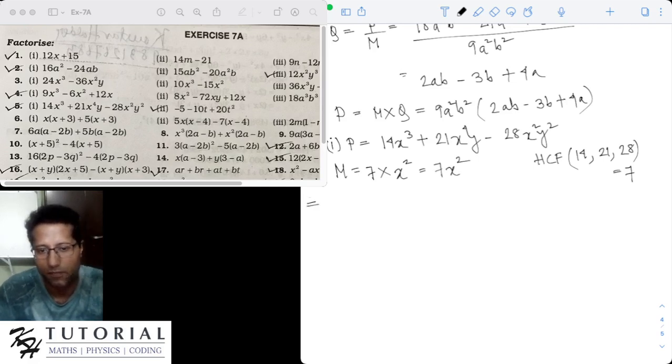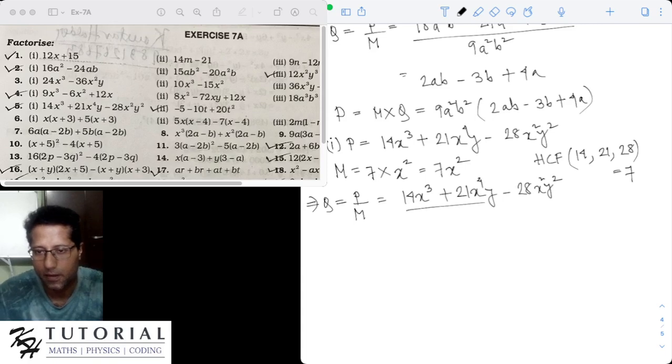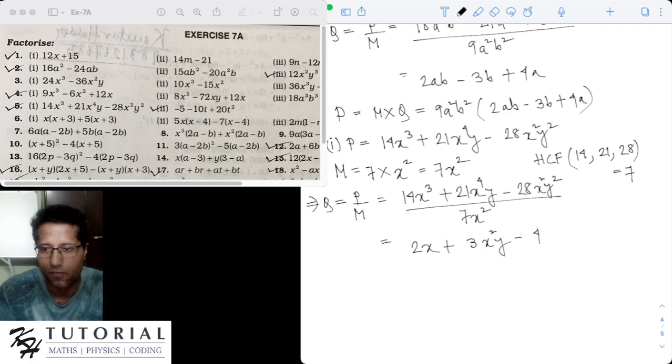Now we have to find q, which is p divided by m, which is 14x cube plus 21x to the power 4 y minus 28x square y square divided by 7x square. This is equal to 2x plus 3x square y minus 4y square.